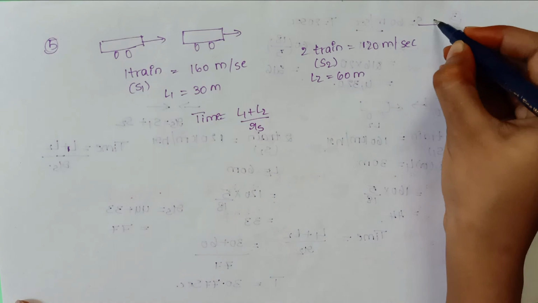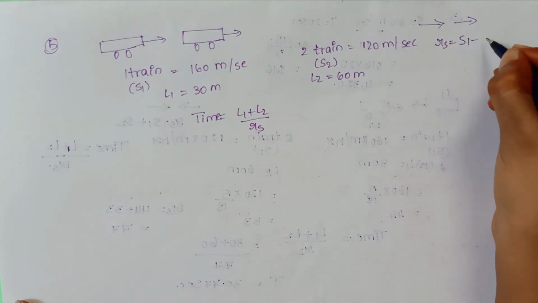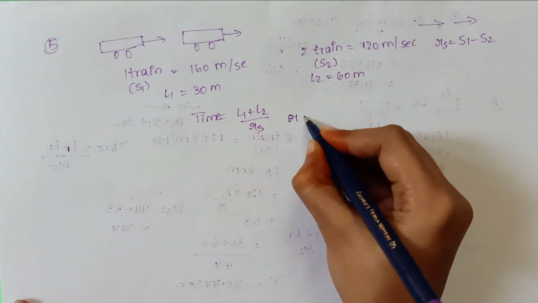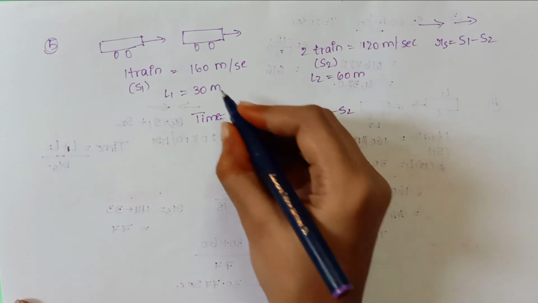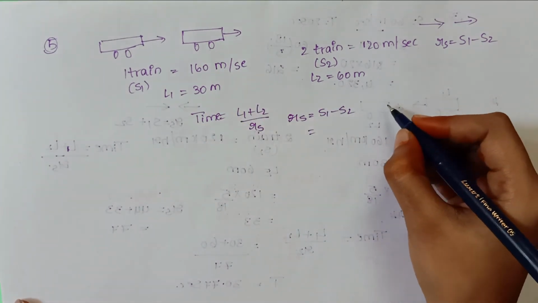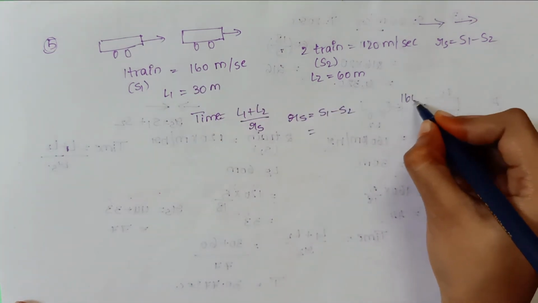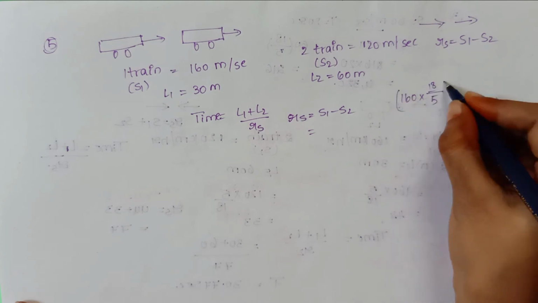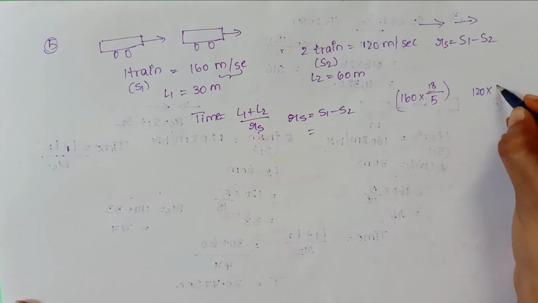Where this is moving in same direction, RS is equals to S1 minus S2. That means first we want to calculate this. We want to convert this 160 into 18 by 5, because meter per second, 120 into 18 by 5.